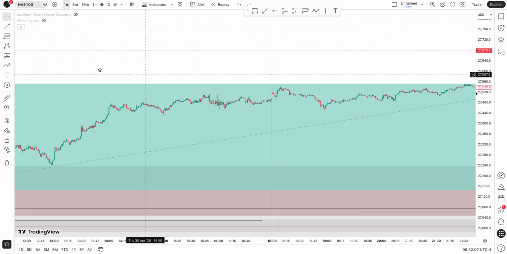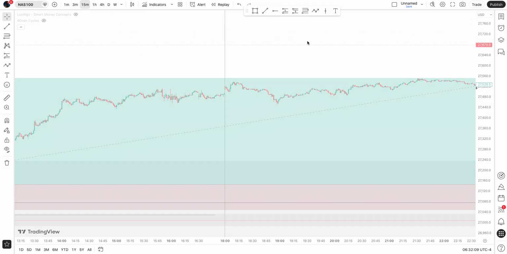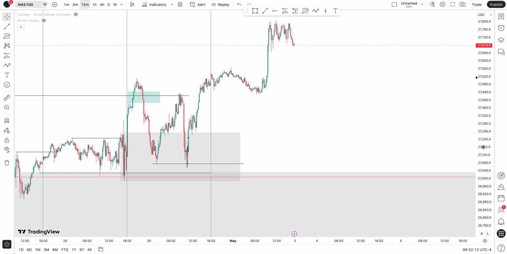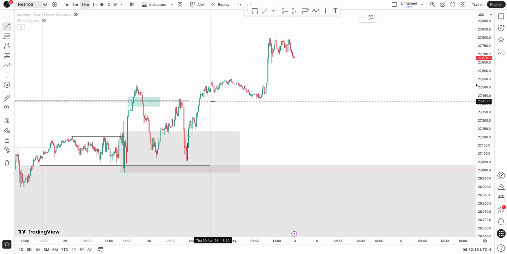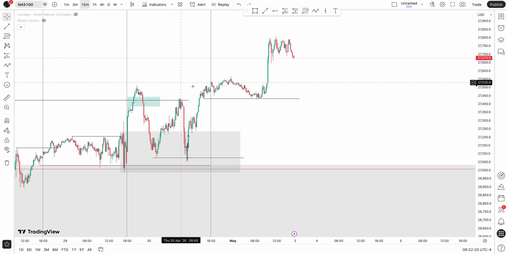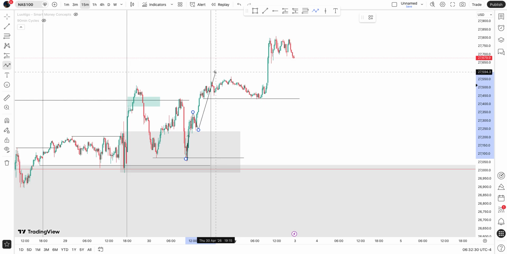So yesterday, where was price yesterday? Price was here yesterday. It's still the same thing that you're going to do on any time frame, at all. Let's use 15 minutes here. You can see that after price swept this liquidity, we started having that bullish trend.